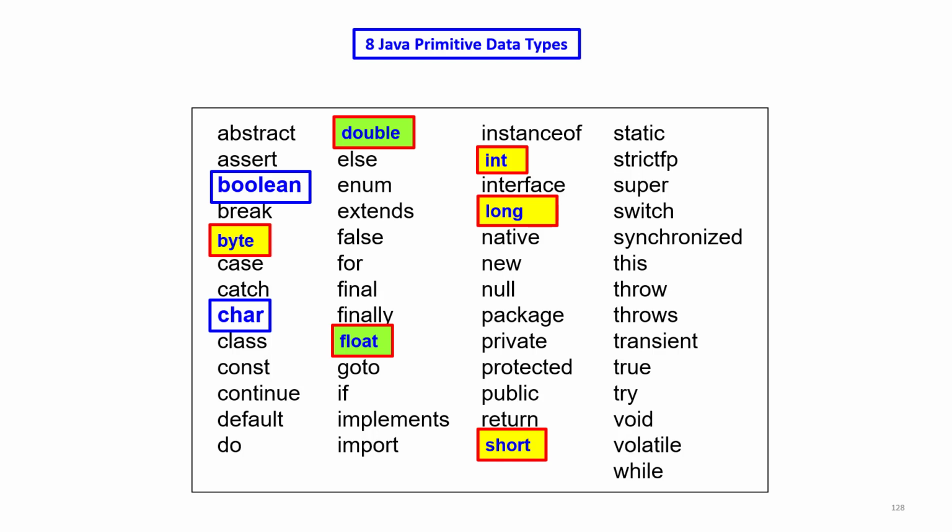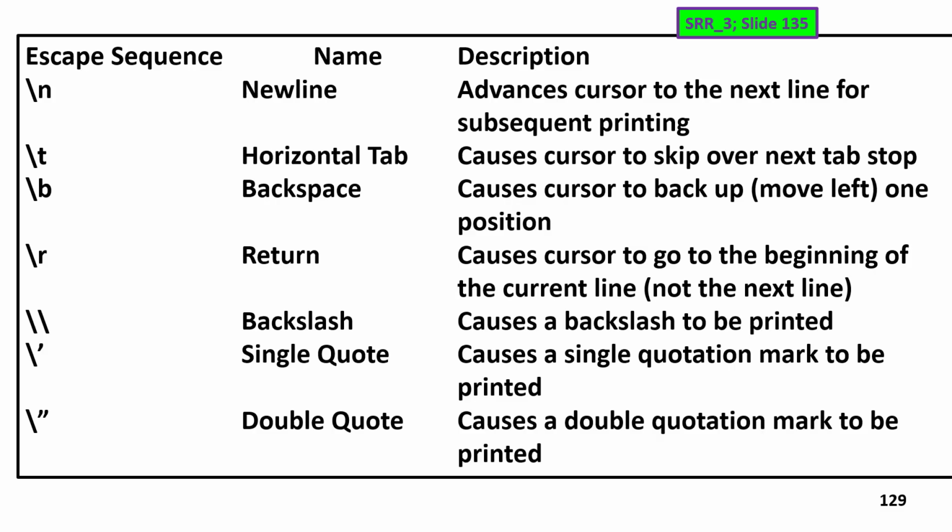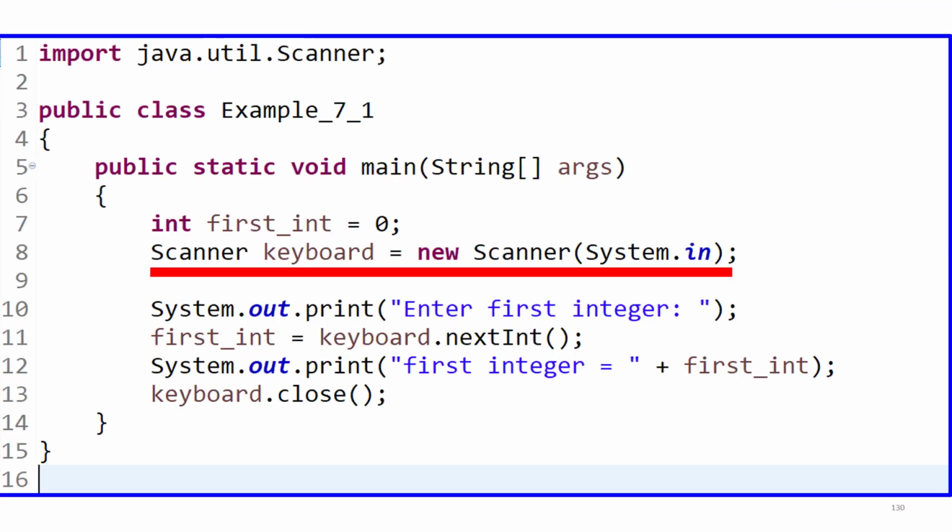Booleans only accept the reserved words true and false. And chars will accept exactly one character enclosed in single quotes or the backslash combined with only 7 other characters. Now, contrast the primitives with the declaration of the reference variable keyboard on line 8.